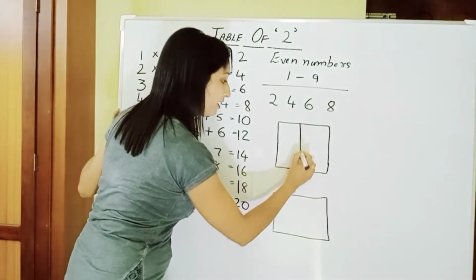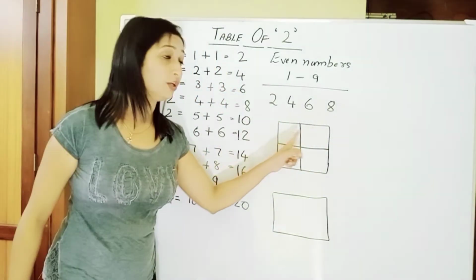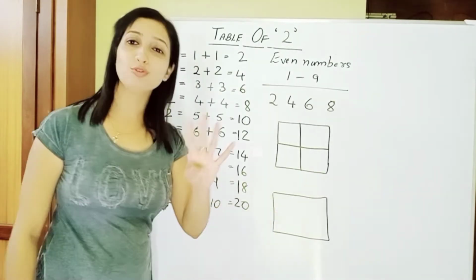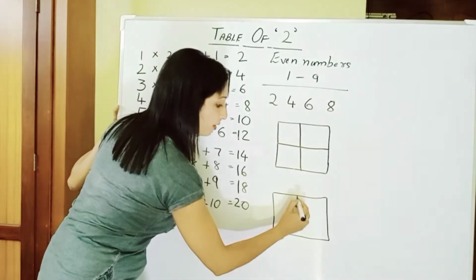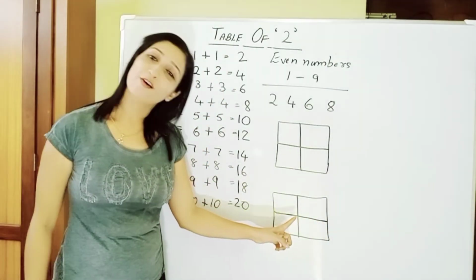So let us divide. I drew a line, again a line like this. I got 4 squares. The second square also I'm going to divide into 4 squares. So I'm drawing a line, again I drew a line, again I got 4 squares.